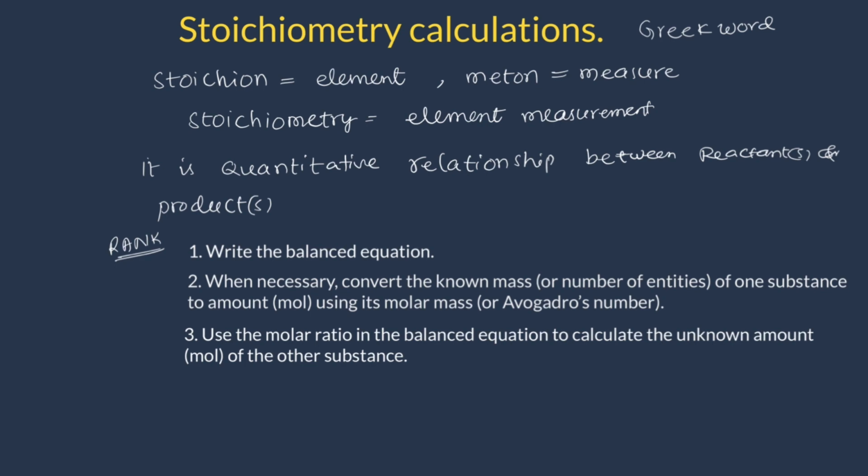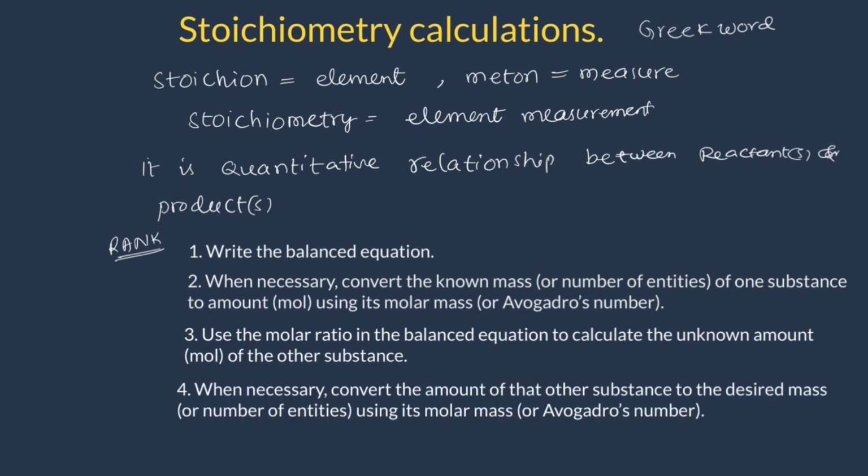Or if the product is given, we use the product's stoichiometric coefficient to calculate the reactant, whether the given is mass or entities. So keep in mind, the third step requires the molar ratio, and for that a balanced equation is compulsory.